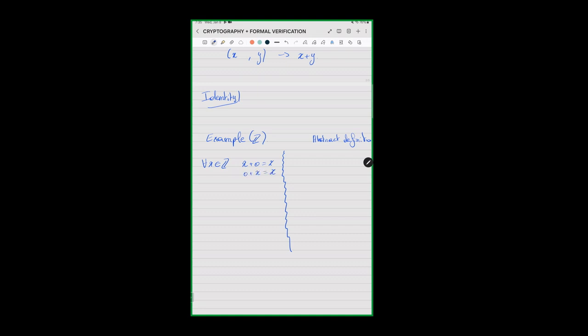And so if we take any set, we're going to use the notation G. 0 in a sense here is a certain element, let's call it y, in G, such that for all x in G, we've got x plus y equal to x, but also y plus x equal to x.